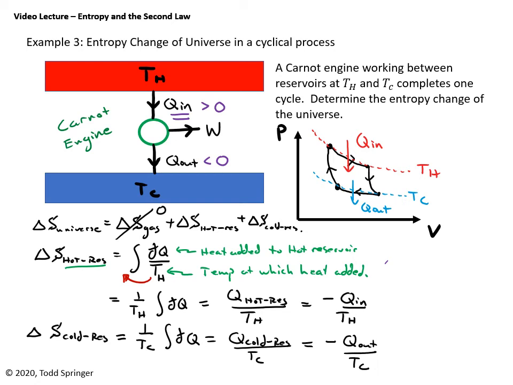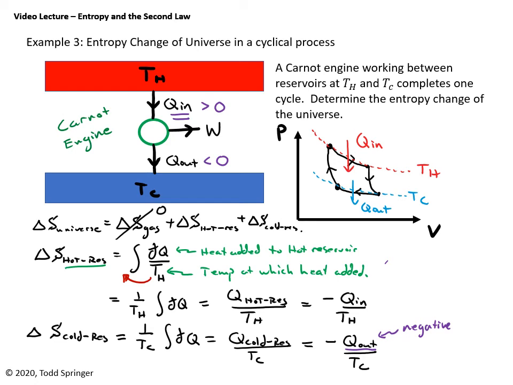So the entropy change of the cold reservoir should be positive. So I have to add an extra minus sign. So Qout is negative, but then there's an extra minus sign so that the total entropy change is positive. Okay? So now we have everything.